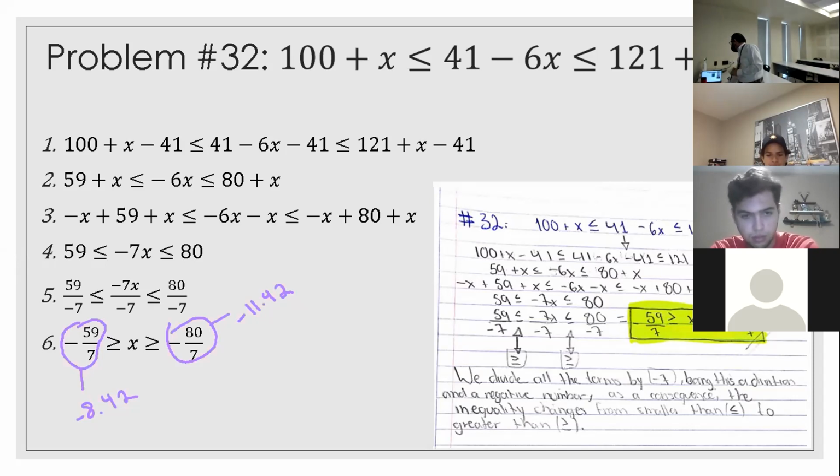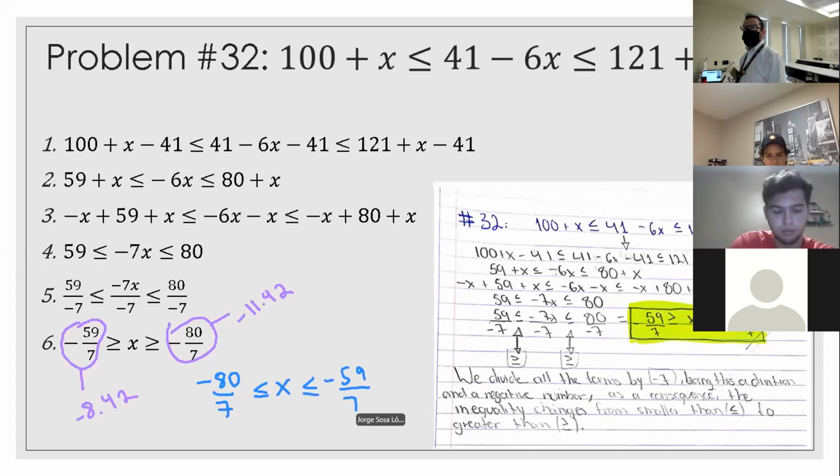Okay, so we're on the other side of the number line. So that means that if we really want to be really OCD, we should try to put things from lesser to greater. So we would say minus 80 divided by 7 is less than or equal to x, less than or equal to minus 59 times 7.